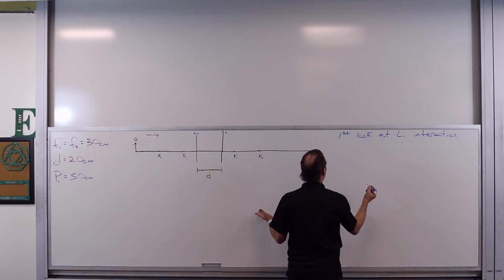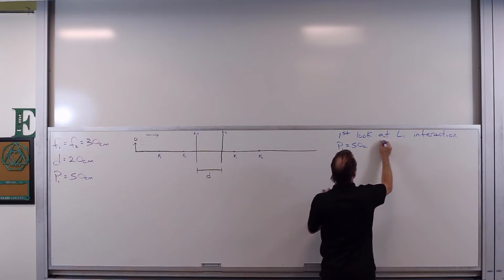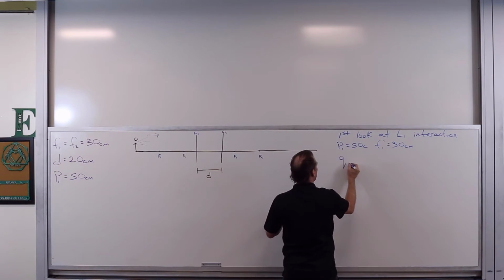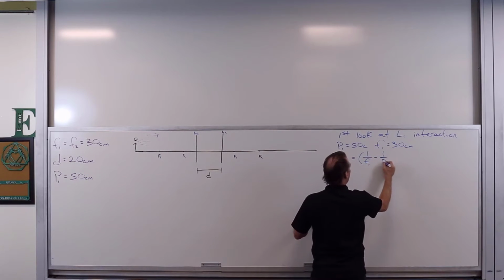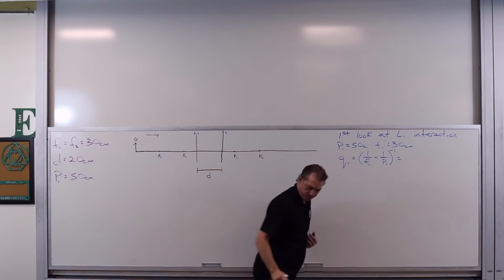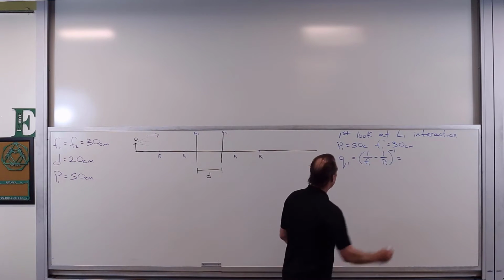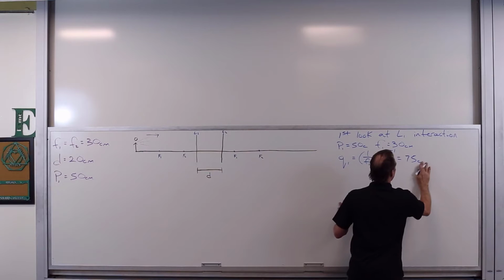So, what do we have with this? Well, we've got that P1 is equal to 50 centimeters, f1 is equal to 30 centimeters, and we can write that Q1 is equal to the quantity of 1 over f1 minus 1 over P1, to the negative 1, which gives us the quantity of 1 divided by 30 minus 1 divided by 50, to the negative 1, 75 centimeters.